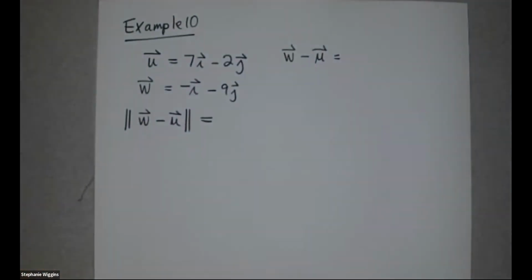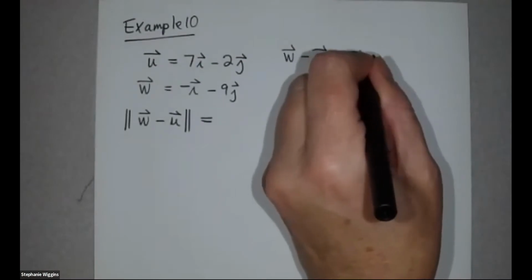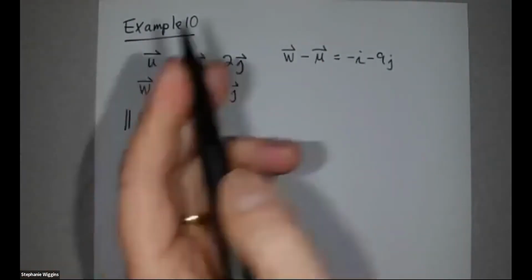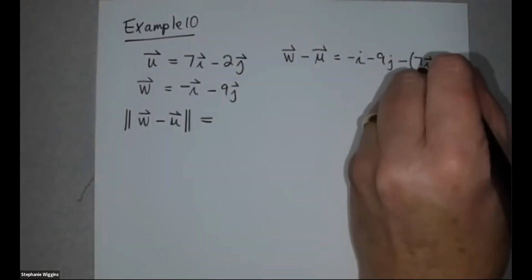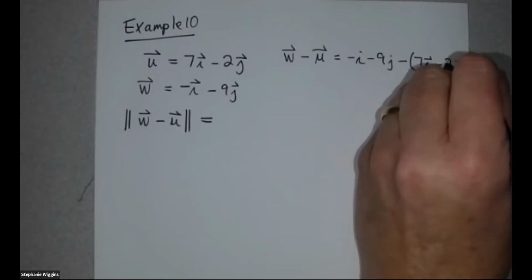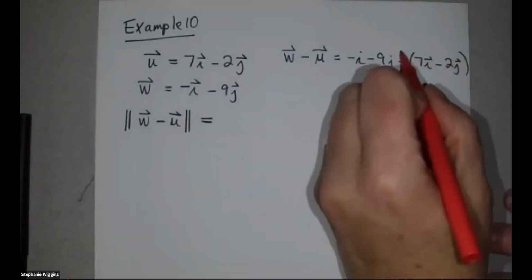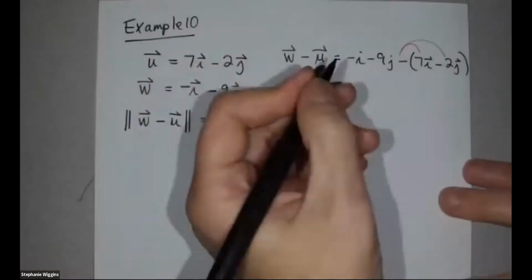And so you're going to take negative i minus 9j, that's your w, and you're going to subtract 7i minus 2j. And so since we're subtracting, we need to distribute the negative to both scalar multiples.